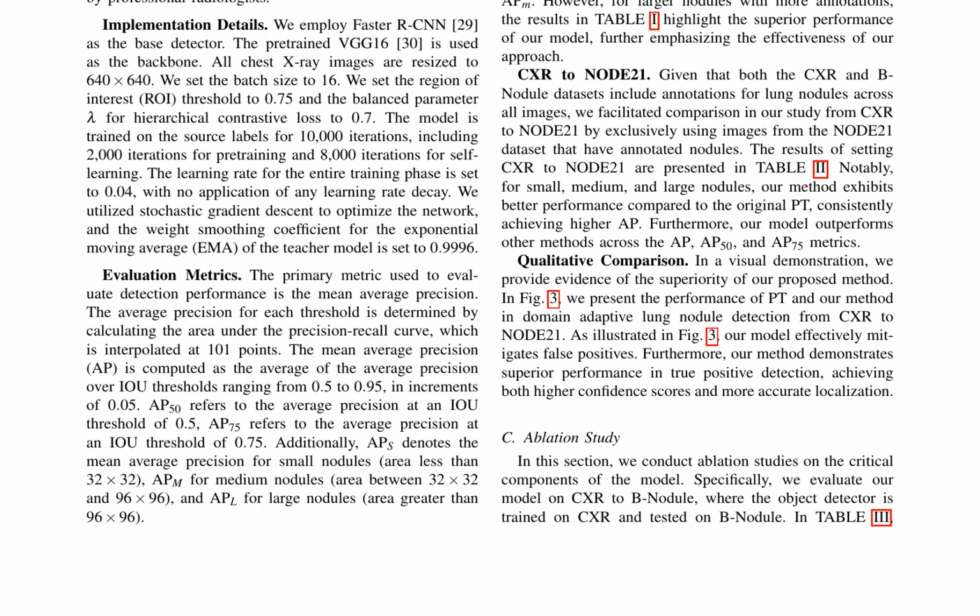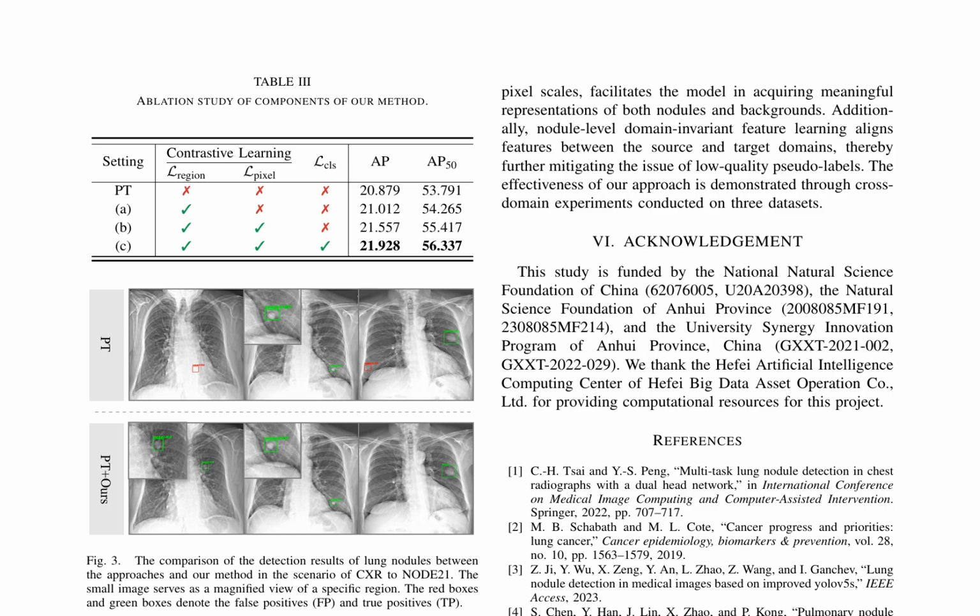The model's superior performance is attributed to the contrastive learning approach, which spans from region to pixel scales, enabling the acquisition of meaningful representations of both nodules and backgrounds. Furthermore, nodule-level domain-invariant feature learning aligns features between the source and target domains, thereby further mitigating the issue of low-quality pseudolabels.